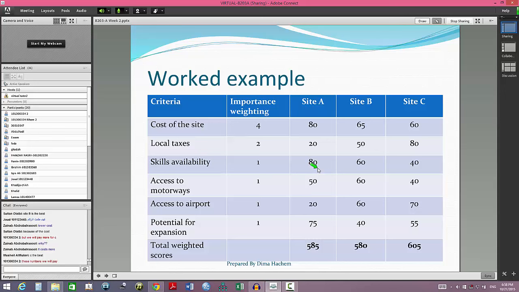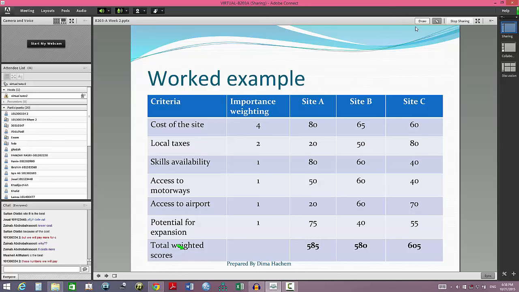Access to motorways, site C is the best one. But here we want to add them all together. We want to see the whole picture, which site in all of these criteria is the best one. So we found that site C is the best one.